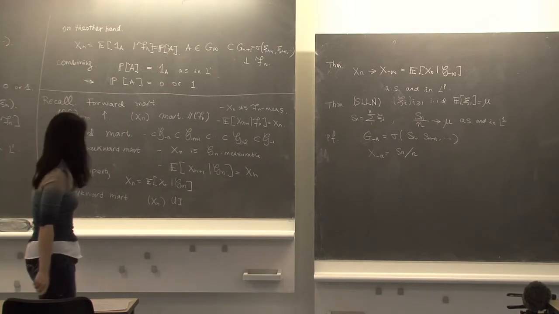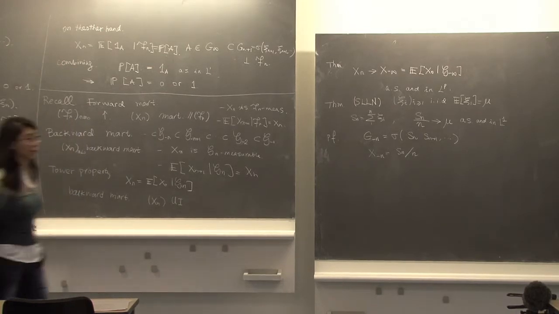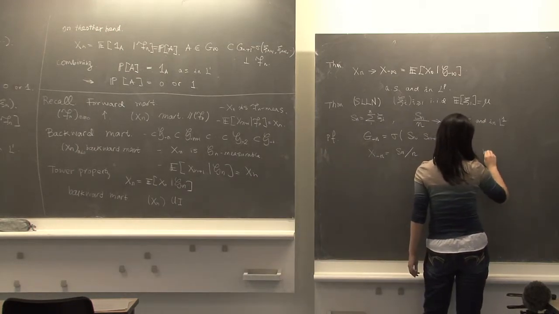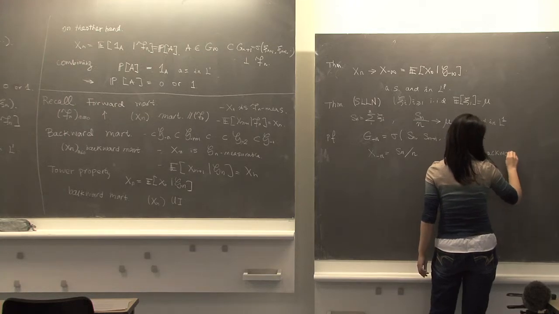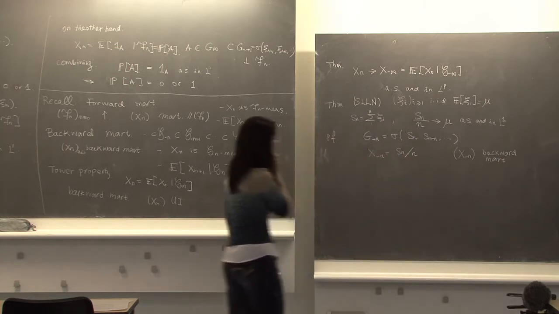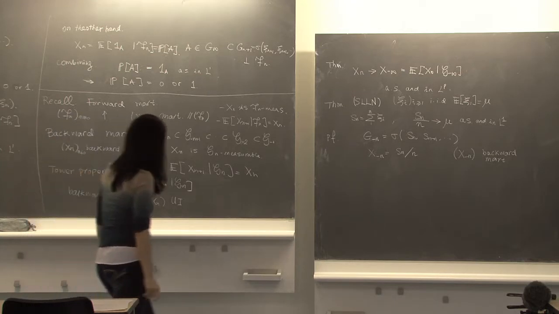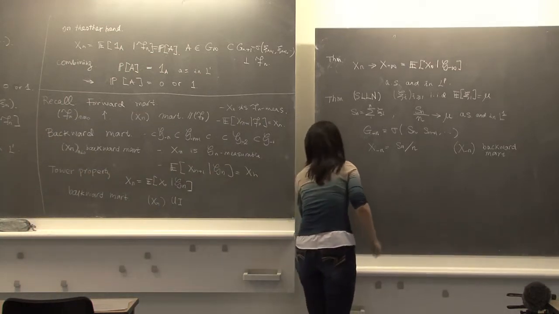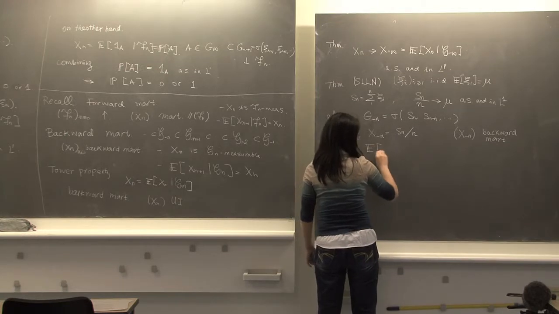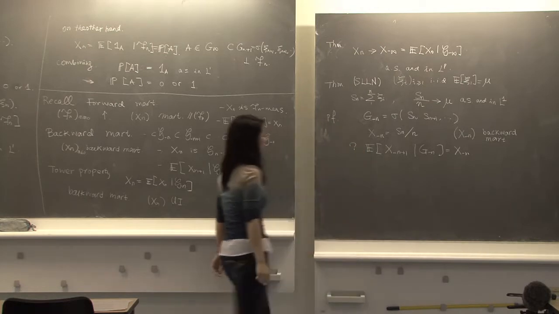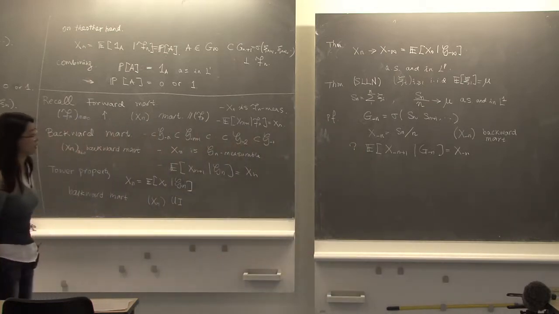The first claim is that this sequence Xn is a backward martingale. In order to check this, the only thing we need is to verify this relation.